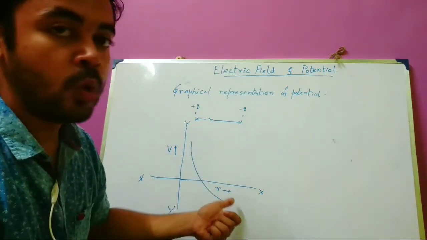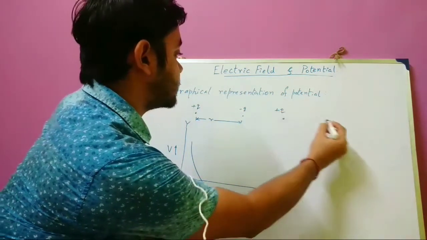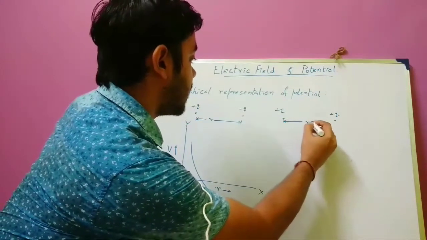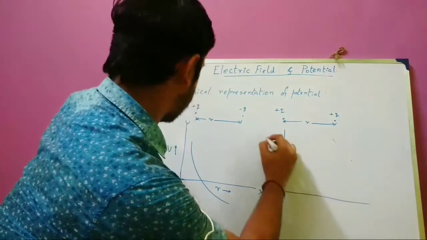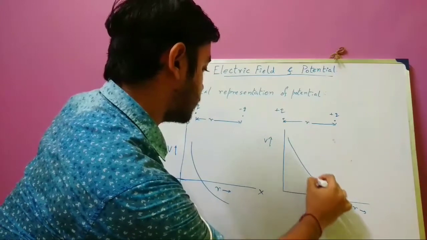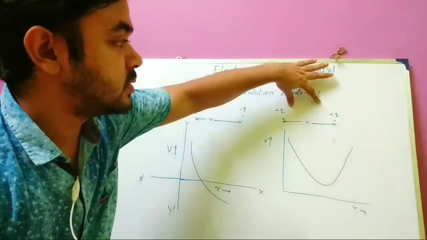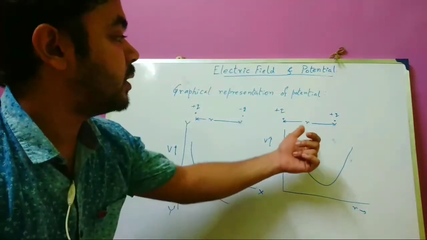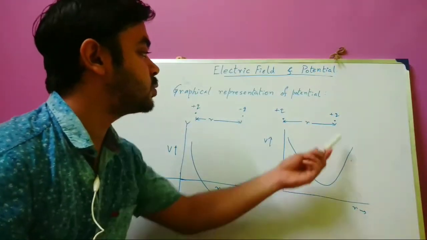at this point the potential is low, negative. What happens if the 2 charges are both positive and they are kept at a distance R as before? So the nature of the curve V versus R will be like this. Both are positive charges, so the potential will be positive for both, and there will be no negative or zero potential between these 2 charges.